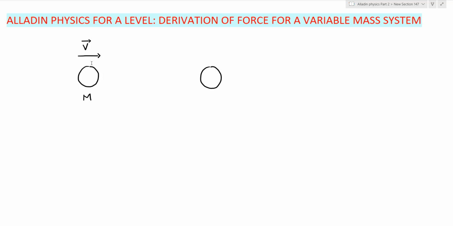I'm drawing the after, where it has emitted a little mass with a velocity u, and therefore the velocity of capital M has changed, v becoming v plus dv vector, and the mass emitted is dm, and the mass of capital M changes from m to m plus dm.